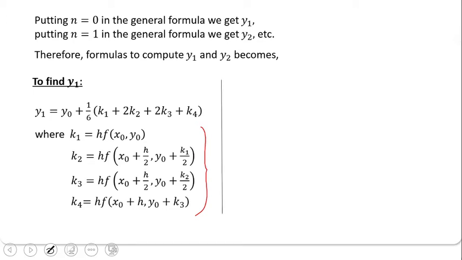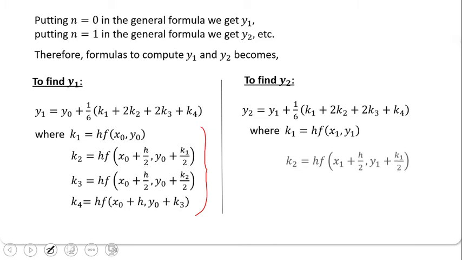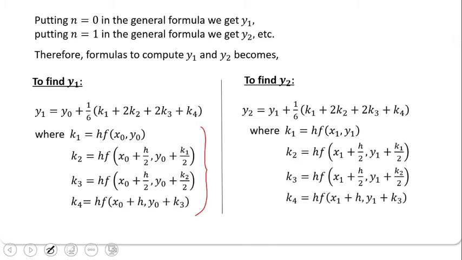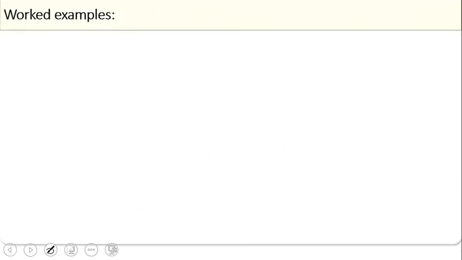Similarly, the formula for y2 is given by y1 plus 1 by 6 times of k1 plus 2k2 plus 2k3 plus k4, where k1, k2, k3 and k4 are in terms of x1 and y1. Now, let us solve some problems.